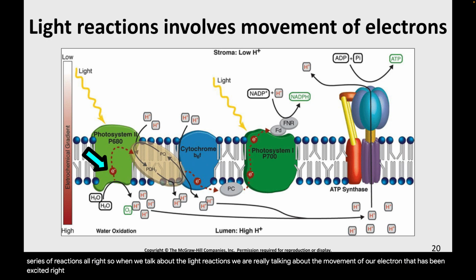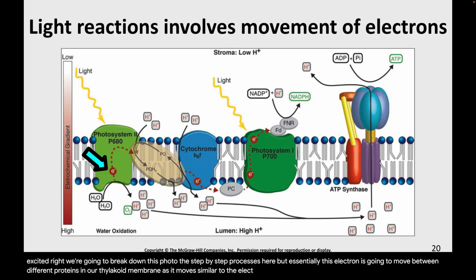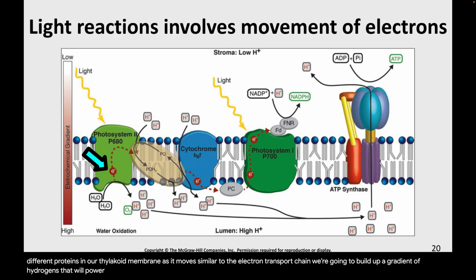We're going to break down this photo into step-by-step processes here, but essentially, this electron is going to move between different proteins in our thylakoid membrane. As it moves, similar to the electron transport chain, we're going to build up a gradient of hydrogens that will power ATP synthase. So it should be slightly familiar in the big picture of what it does. But we're going to break this down.